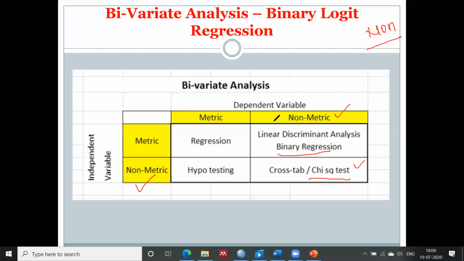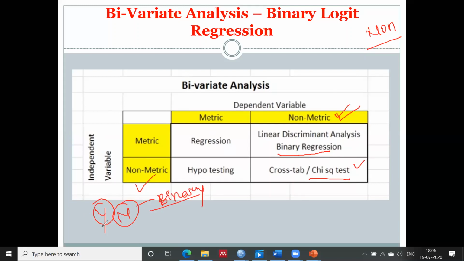So I have explained the criteria: your dependent variable must be in the form of non-metric, and for non-metric, either it is dichotomous, your question should be dichotomous, meaning only two categories are there, then you have to apply the binary.